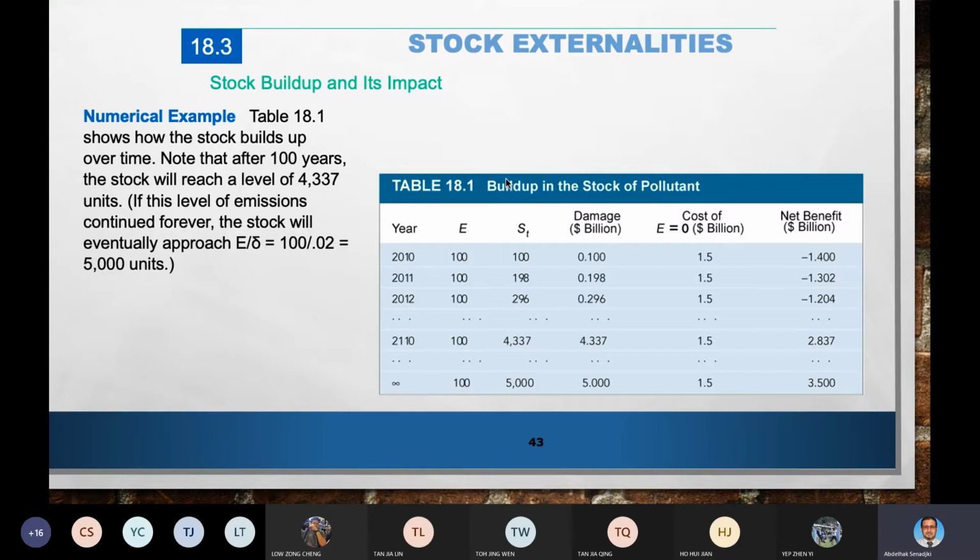In the table it starts from 2010, that means 2110. And the rate at which the stock dissipates, which is lambda, equals 2%.